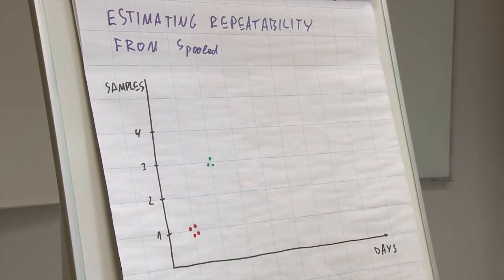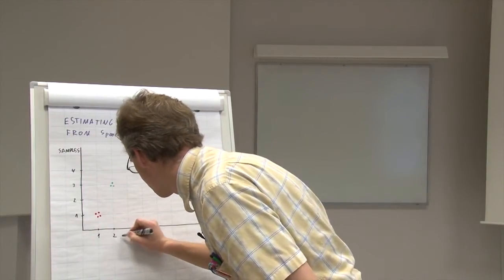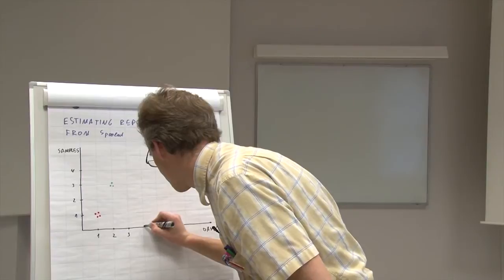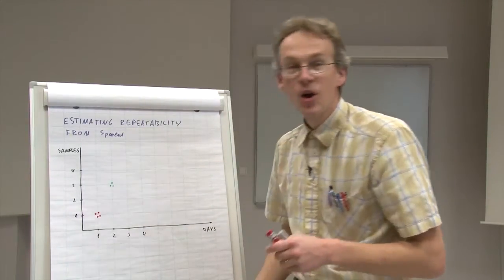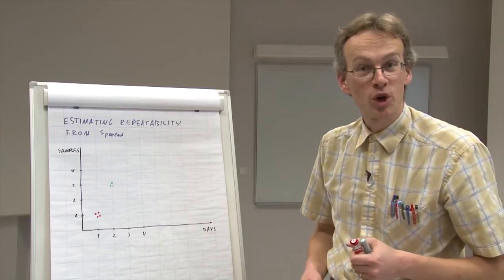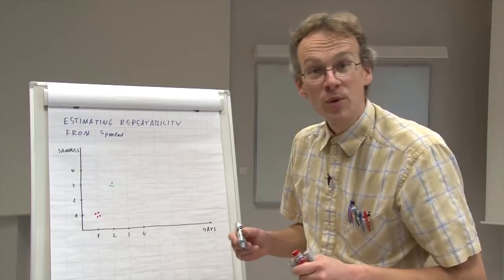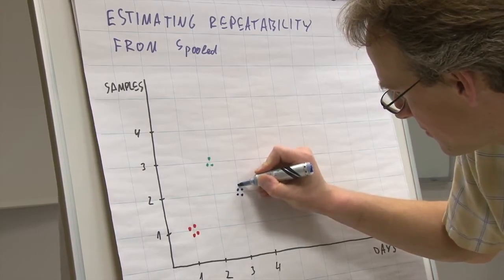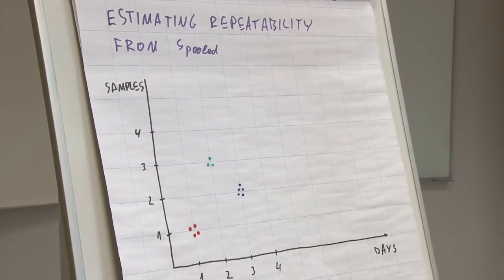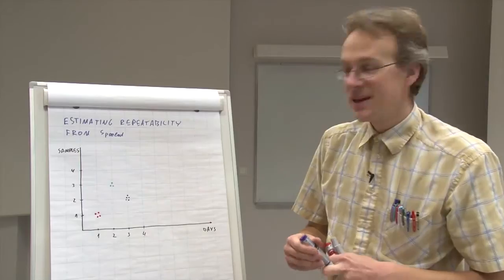Let me also mark the days here. On day 3, we will work with sample number 2 and we will make 5 measurements. And finally, on day 4, we will work with sample number 4 and we will make 2 measurements.